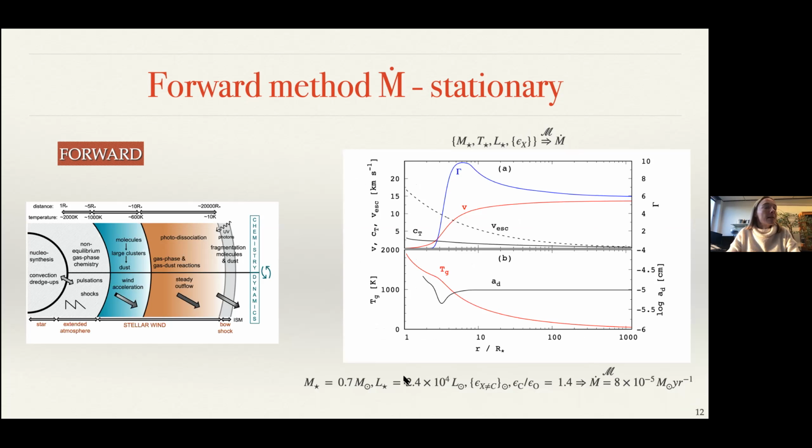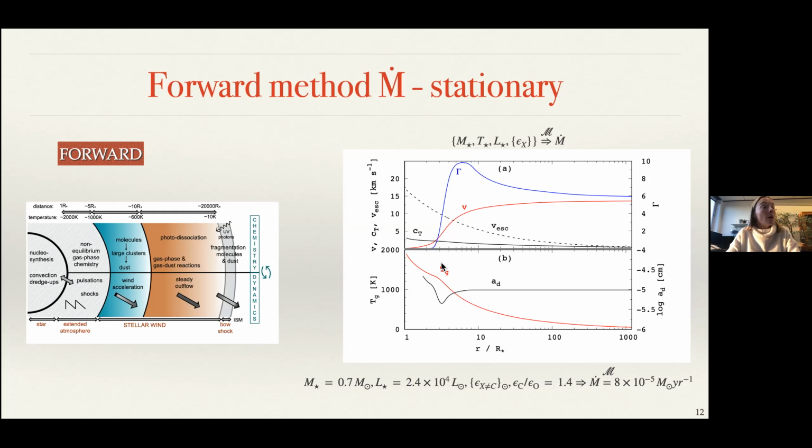And so you can see here, and this is a figure that was kindly made by Sieben Maier, that for these particular input parameters, the mass loss rate would be around a few times 10 to the minus 5 solar masses per year. But what is important also for you to see is how these red curves, the gas velocity and the gas temperature, behave.